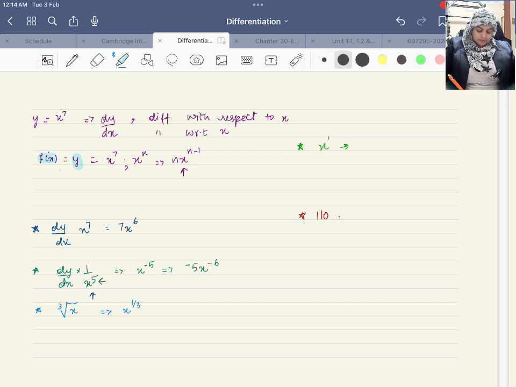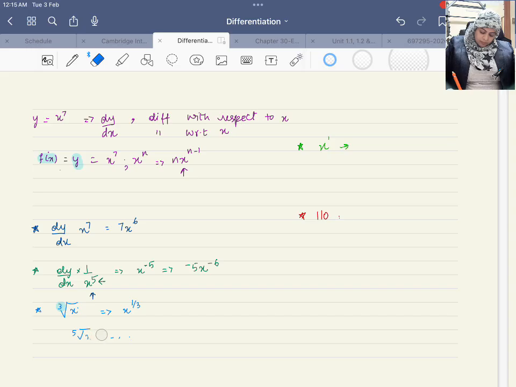Whatever is on the tail comes in the denominator of the power, and 1 comes in the numerator if there is 1 inside. If there is something else inside, for example x to the power 2 and on the tail we have 5, this becomes x to the power 2 upon 5. Whatever is inside comes in the numerator and whatever is on the tail comes in the denominator.